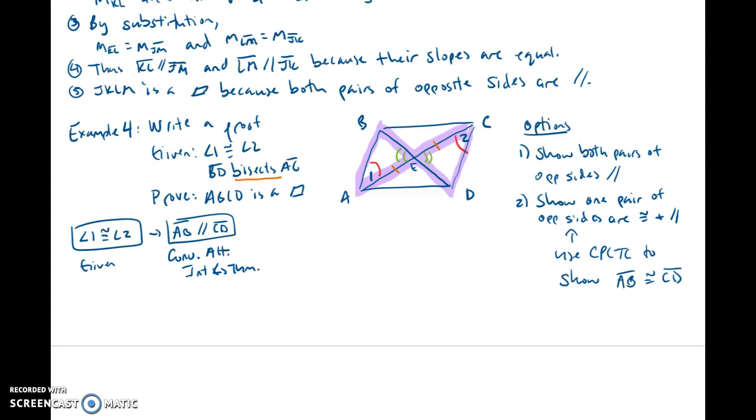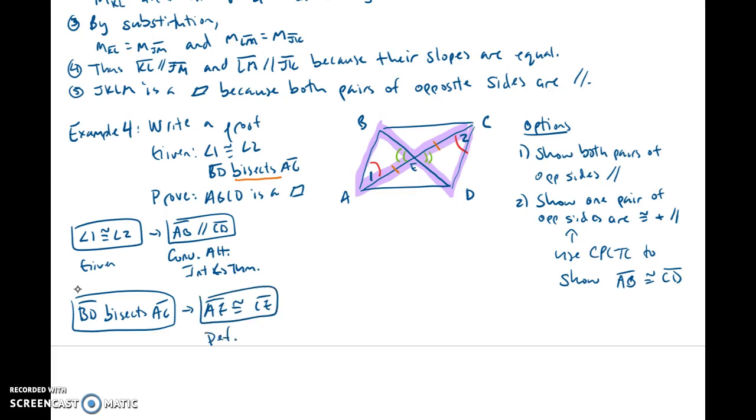So let me go ahead and finish writing my proof. So the second given, BD bisects AC, tells us that AE is congruent to CE by the definition of a bisector. Oops, that was given. And then completely separately, right? Anytime we have that bow tie, we can always talk about congruent vertical angles.